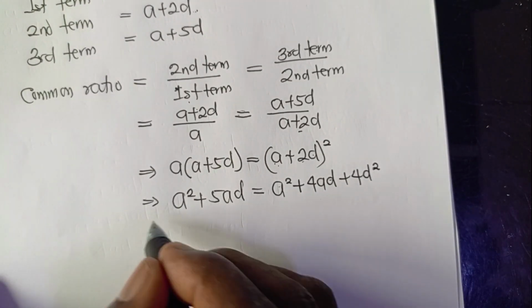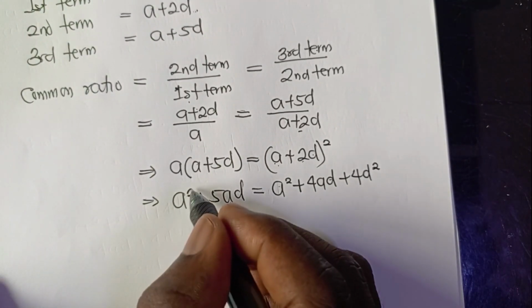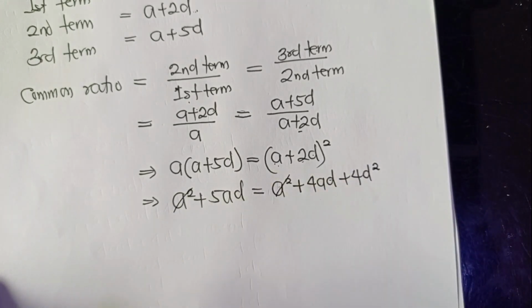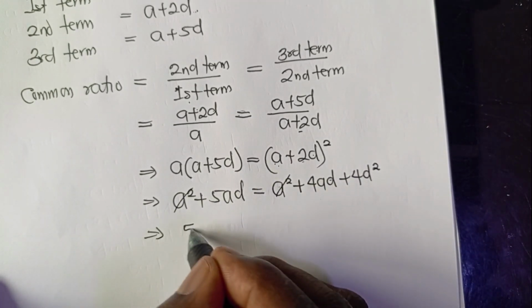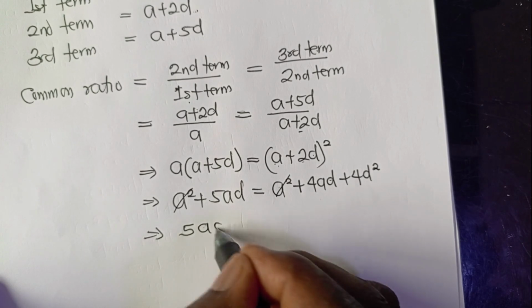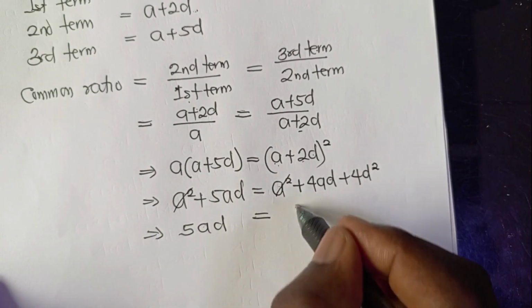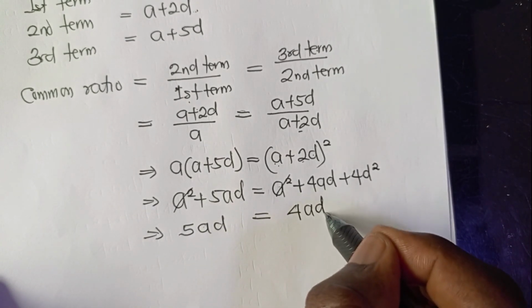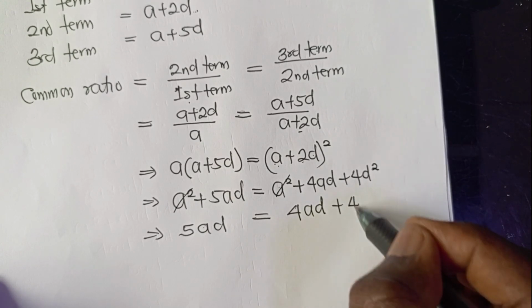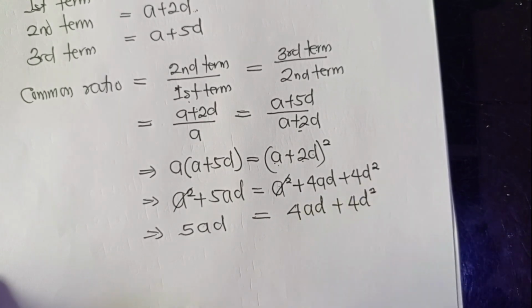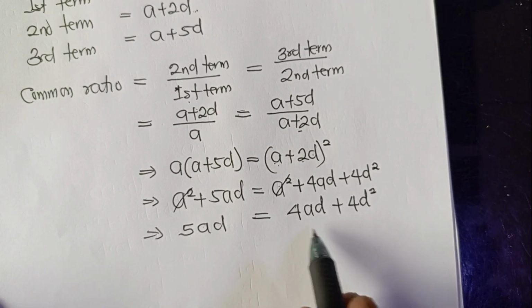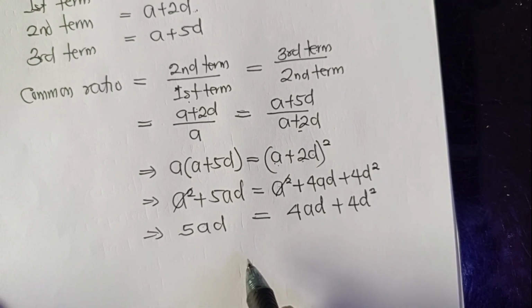So a squared will cancel a squared. We are left with 5ad equals 4ad plus 4d squared. Let's send the terms with ad to one side.